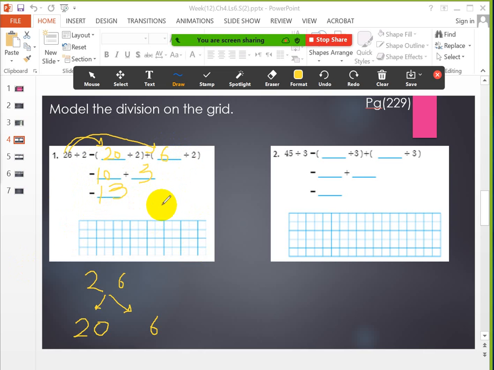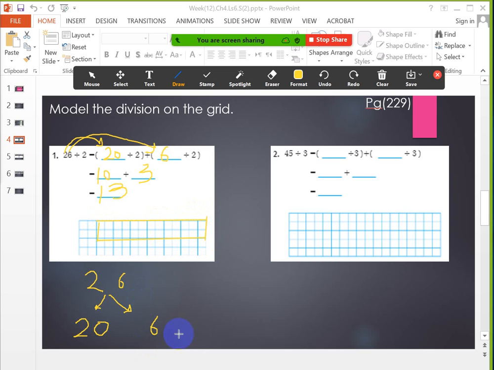So this is how I will use the distributive property. You can use this grid if you want and draw, as an example, 26 like this, and 2, and divide it.